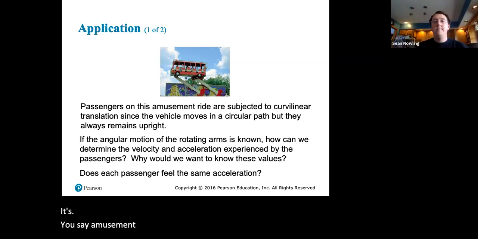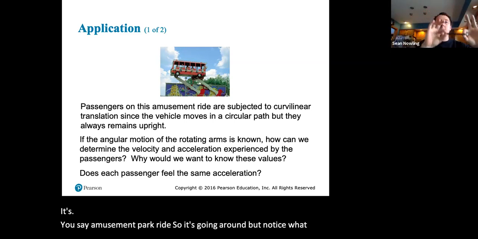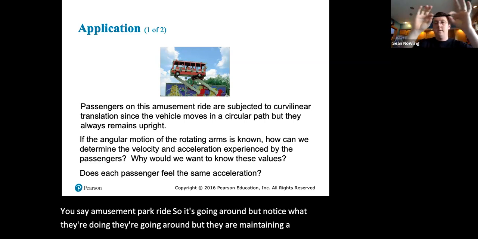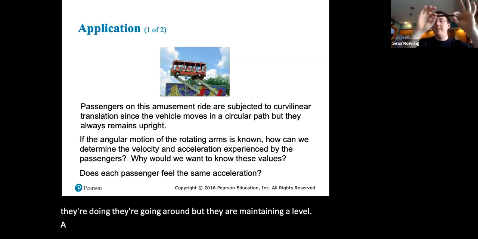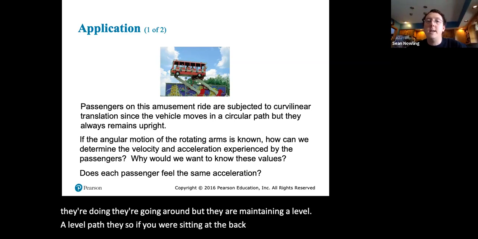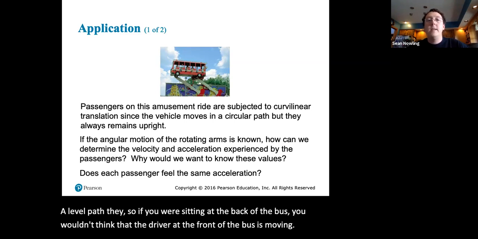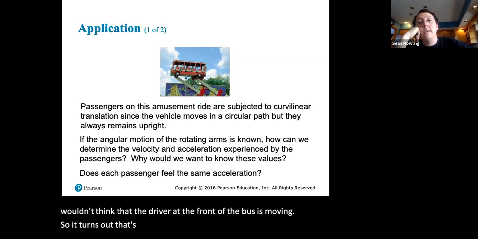So it's going around, but notice what they're doing. They're going around, but they are maintaining a level path. If you were sitting at the back of the bus, you wouldn't think that the driver at the front of the bus is moving. So it turns out that's what's called a curvilinear translation, not a rotation.